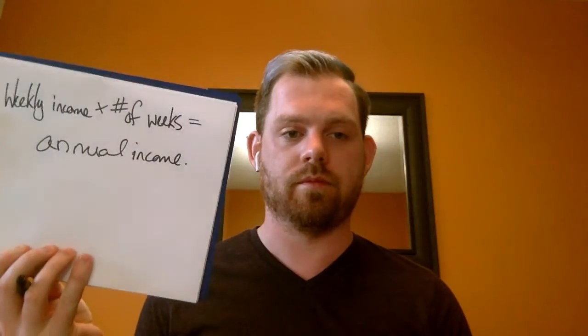So it could be weeks in a year, weeks in a month, weeks in 6 months. It's just the number of weeks you want to use. And so that will equal your annual income, or your gross income. So if we were to actually do this, we do 680 times 52.